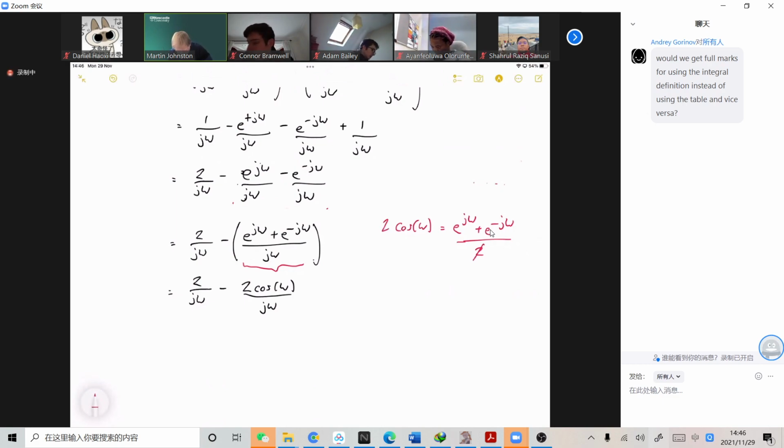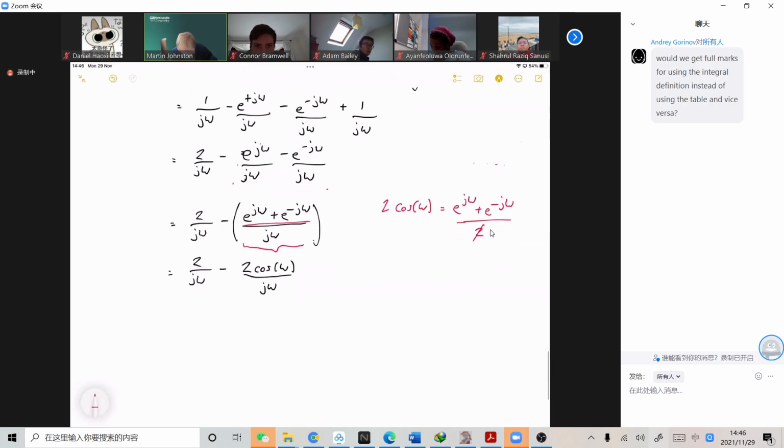We can see that the numerator is the same as 2 cos omega. So 2 cos omega divided by j omega, which of course we can simplify.